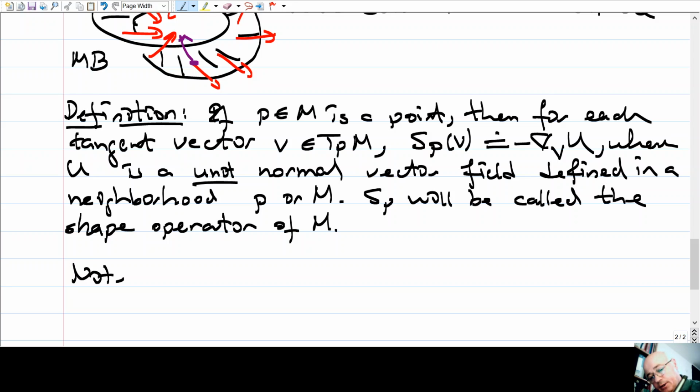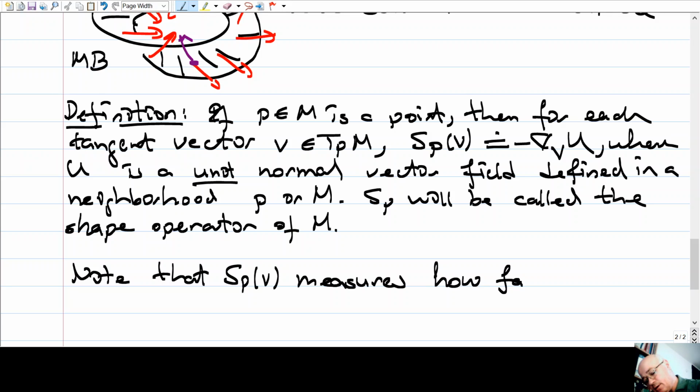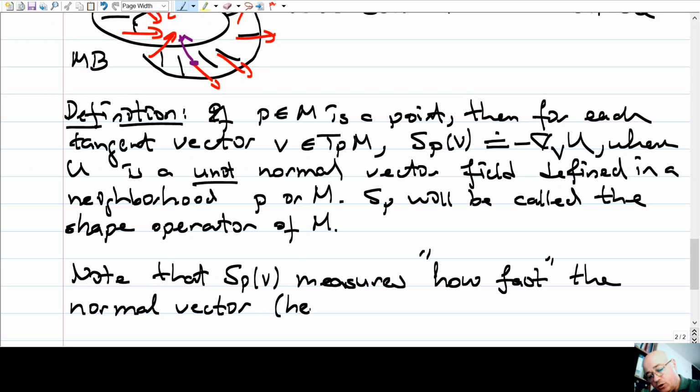So let me just write it here. Note that S_P(v) measures "how fast". I should put this in quotation because it's not a real number. The normal vector, of course, we can identify it with the tangent space, right?